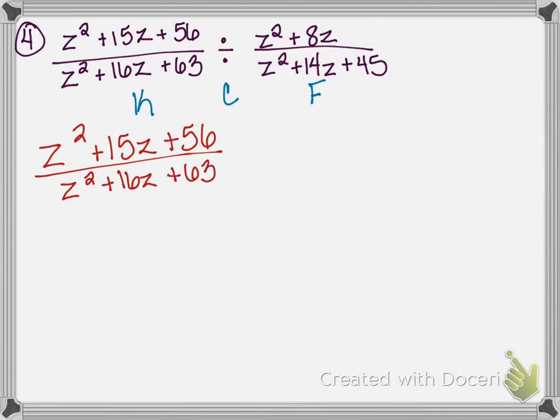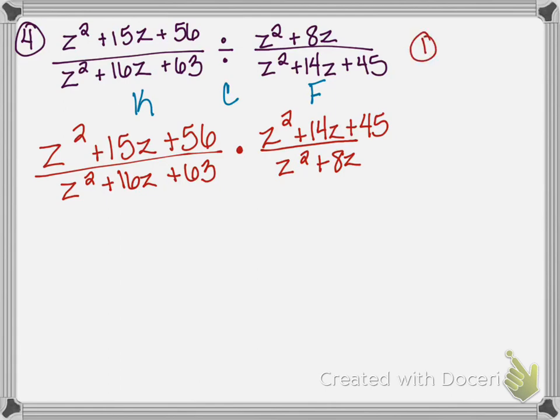I'm changing my division sign to multiplication, and I am flipping my second rational. So I have z squared plus 14z plus 45 over z squared plus 8z. So my first step is to change to multiplication.